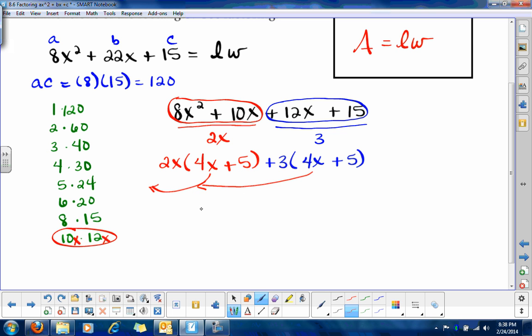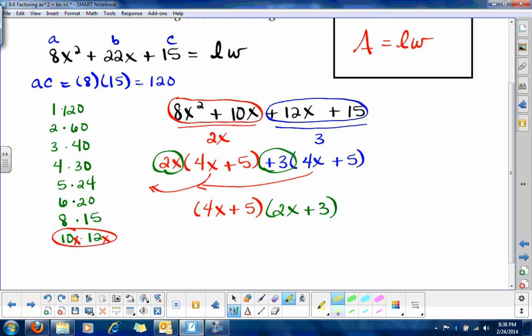So we end up with 4x plus 5, and then we'll be left with the 2x plus 3. That's the second binomial, 2x plus 3. Very good. So there is your final answer.